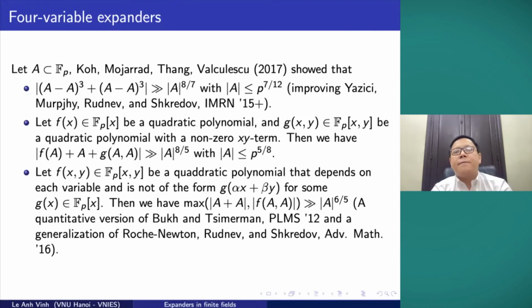Then we will have some product type estimate, more specifically the max of |A+A| or |f(A)| is bigger than |A| to the 6/5, and a more quantitative version of this result and generalization can also be found in the previous reference. Okay, so this is a summary of some four variable expanders given by Dong-un, Mozarat, Thang, and Vaculescu.